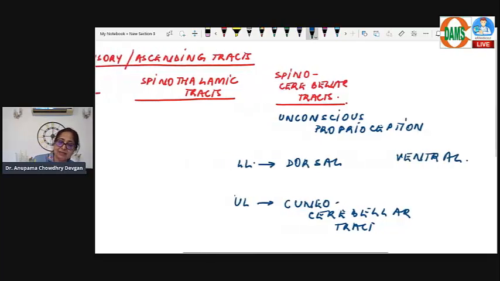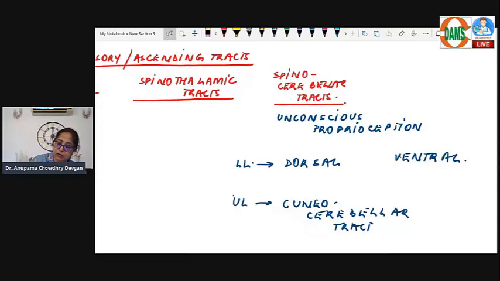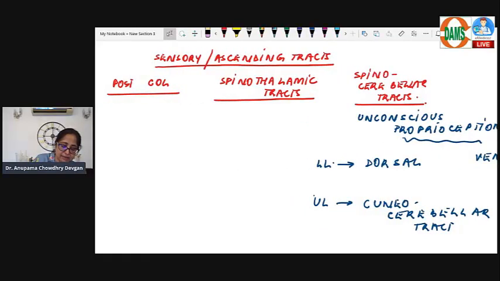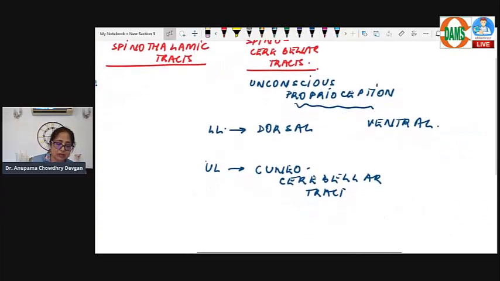Spinocerebellar tract, like I said, is meant for unconscious proprioception. Conscious proprioception is carried by the posterior column. Unconscious proprioception, spinocerebellar tract.